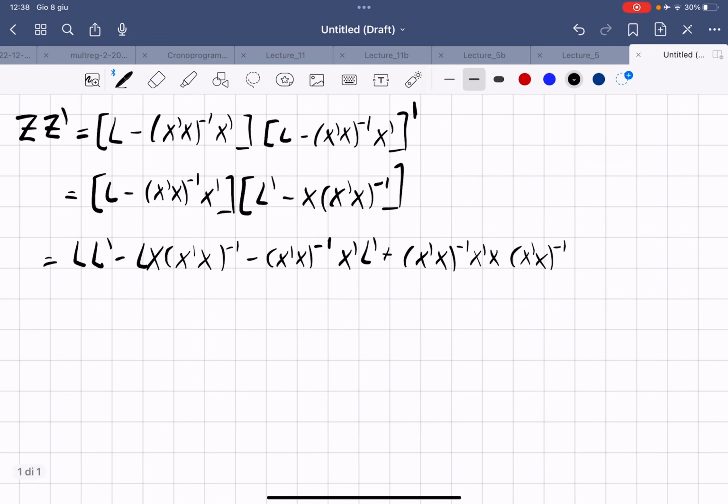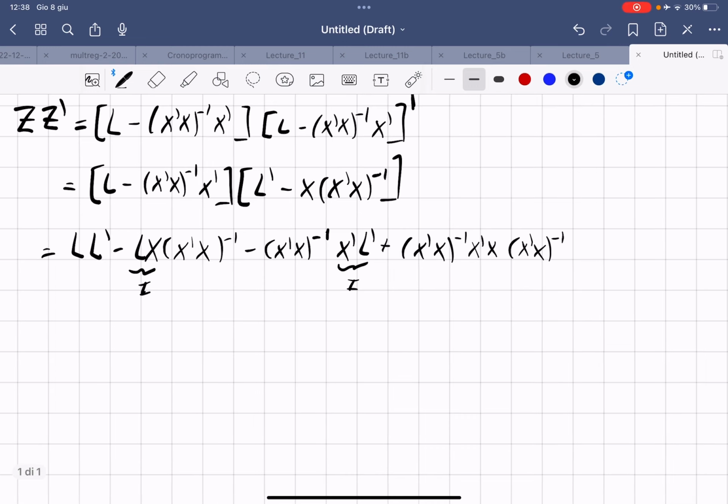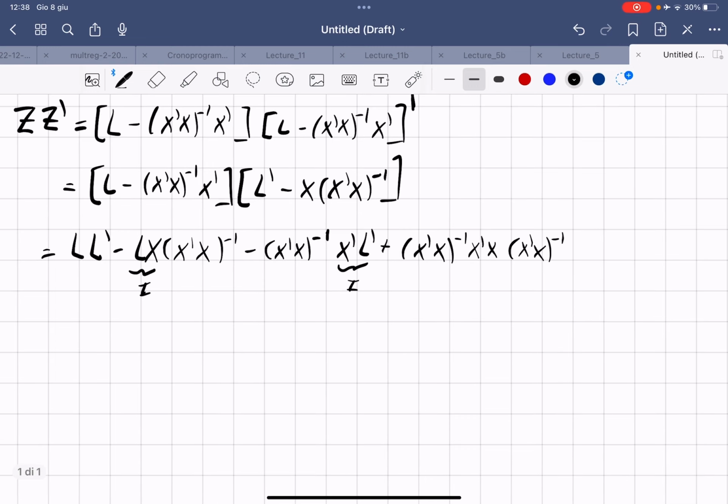Now this will be equal to I, and those simplify.